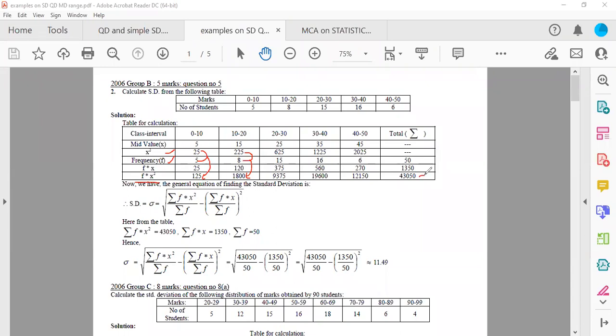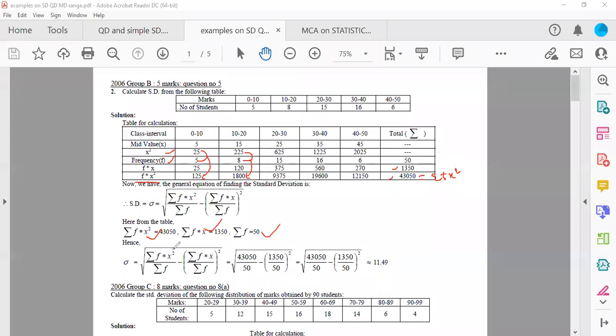If we add all these values, we have summation fx square. So using the table, we already have summation f, summation fx, and summation fx square. Okay.